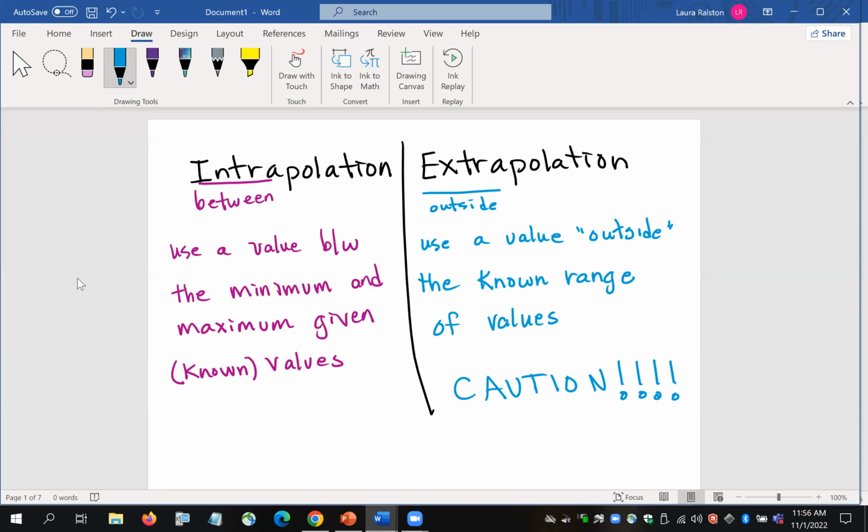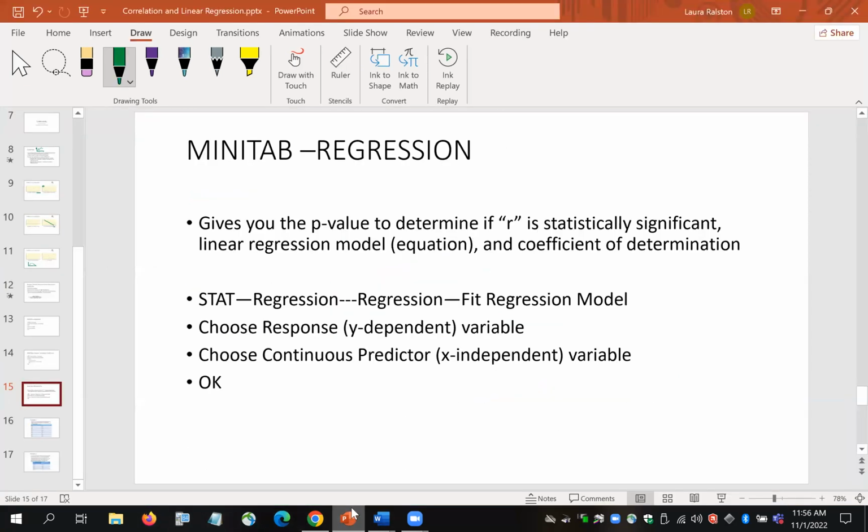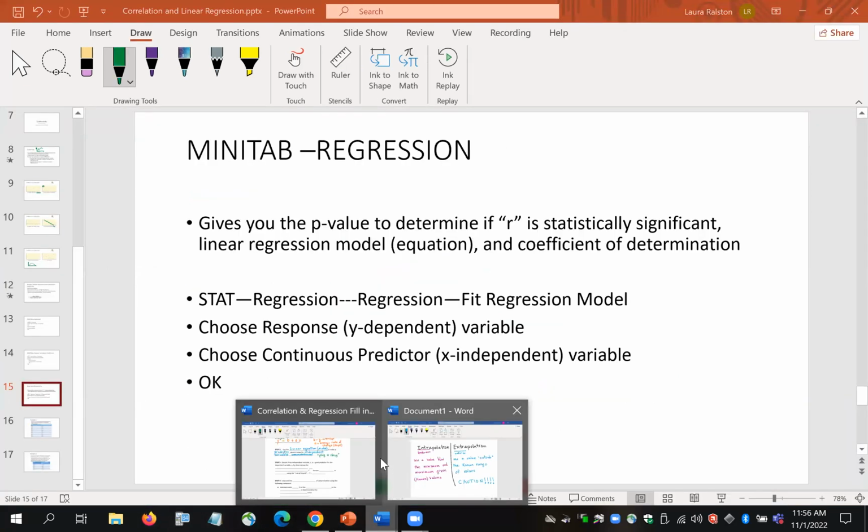Something may change. And so we say the model breaks down. So you have to be careful about extrapolation. Ideally, you want to do interpolation.